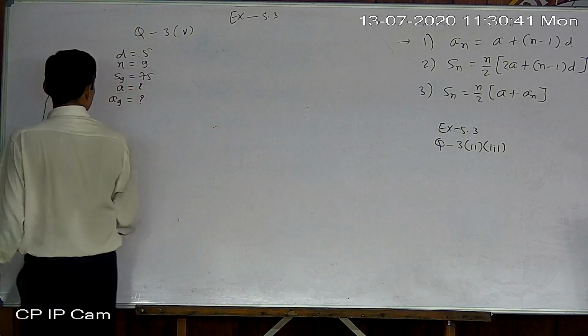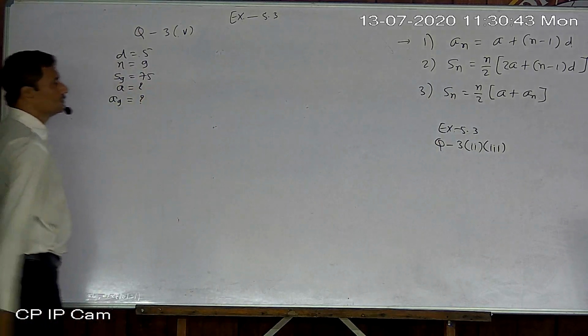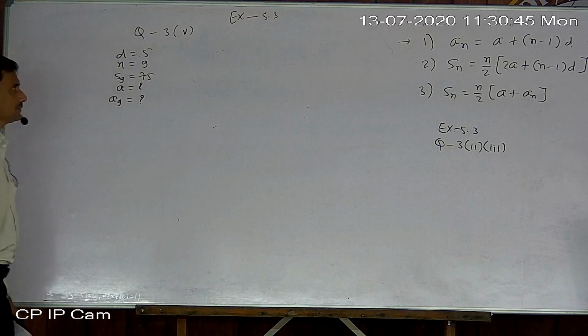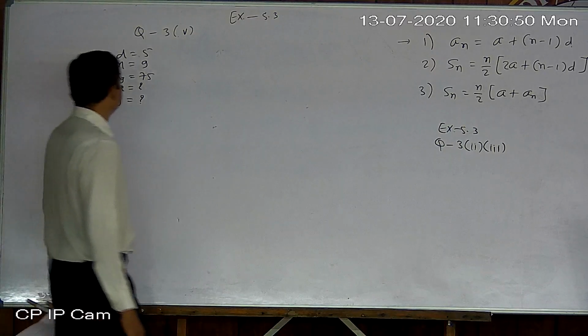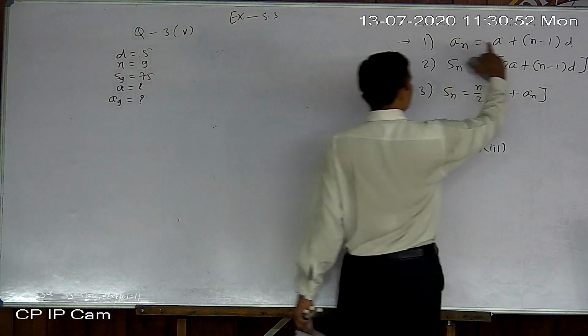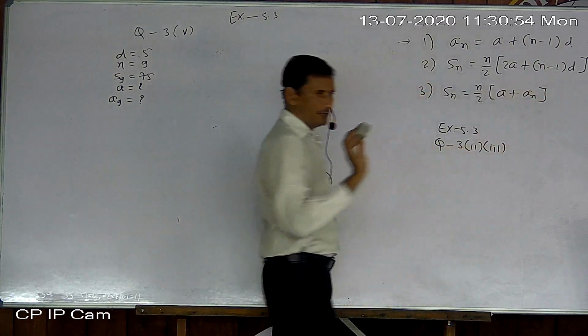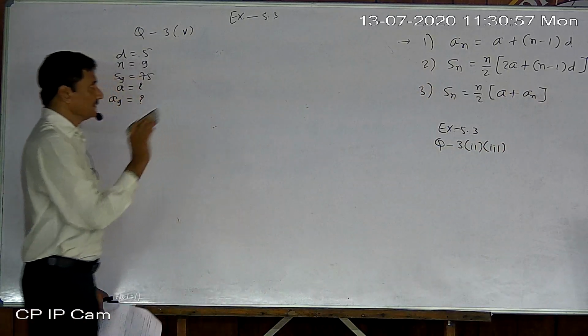Now look carefully at all three formulas. The first one is not possible here. Look there: n is not given, a is not given, only n and d are given. So the first one is not possible.